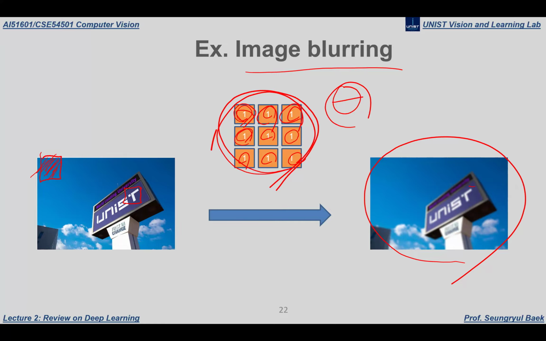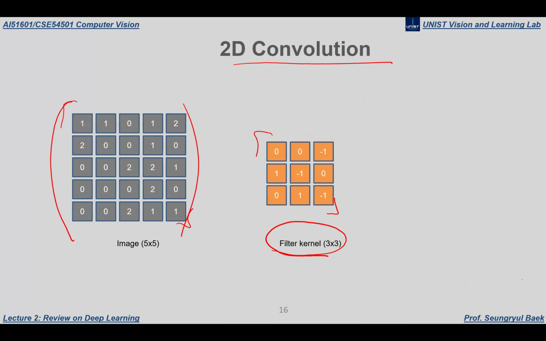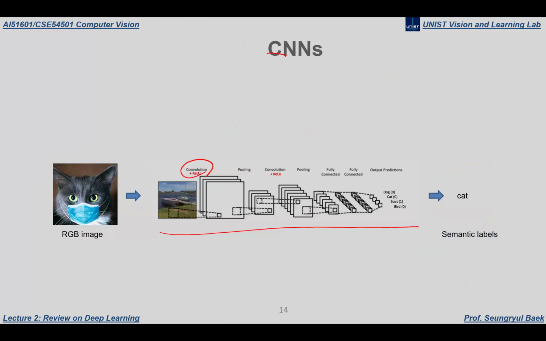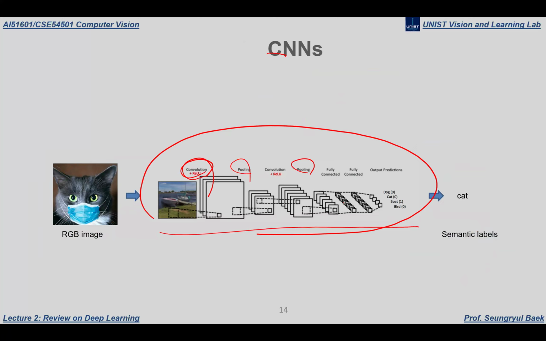So this is the CNN architecture, composed of multiple convolutions and some other pooling operations and fully connected layers, but mainly it is composed of convolutions, and they transform the 2D arrays into a form that is helpful for achieving our final task.